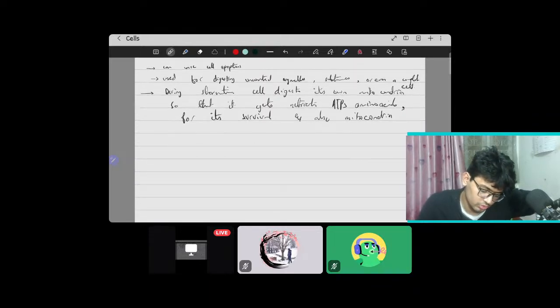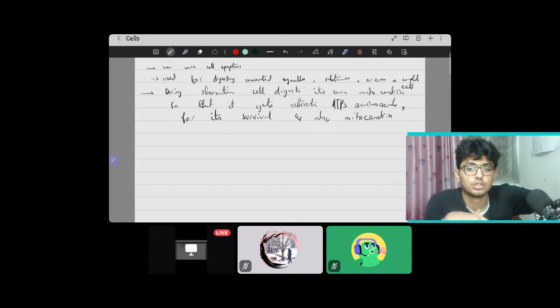So it's not usually a very big problem. But if the cell doesn't get food after digesting mitochondria, then it's going to be dangerous, because there isn't going to be a supply of glucose, or energy, or ATP, which are required for the cell's survival.